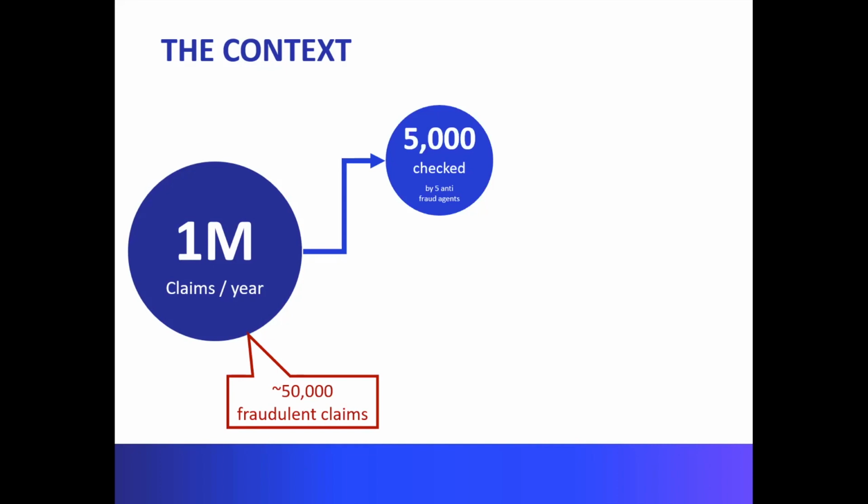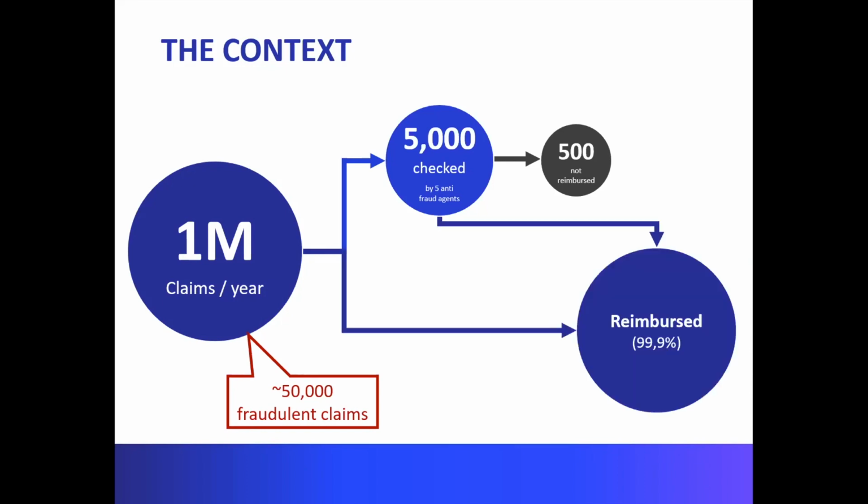But in any case, they are capped to 5,000-ish claims to check. Out of those, they are able to prove as fraudulent and not reimburse only 500 typically, all the other claims being reimbursed. So we see that the conversion rate is very, very low.